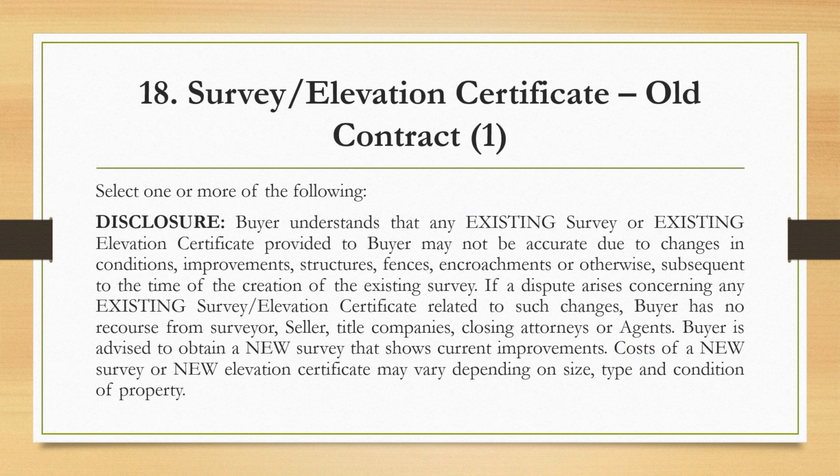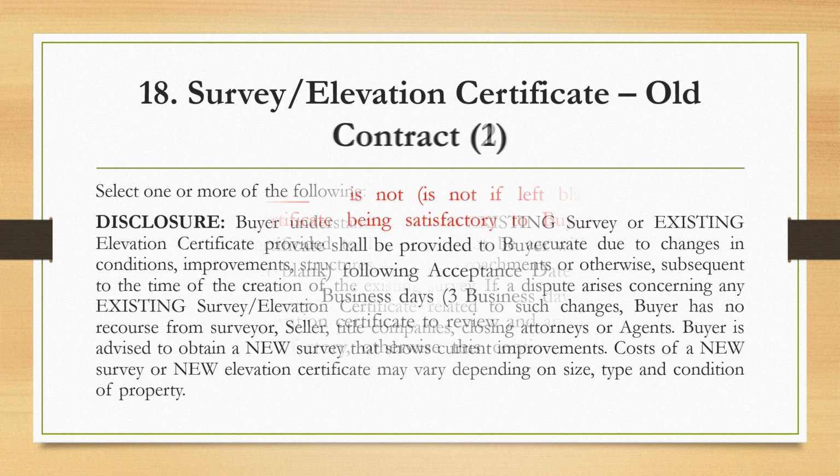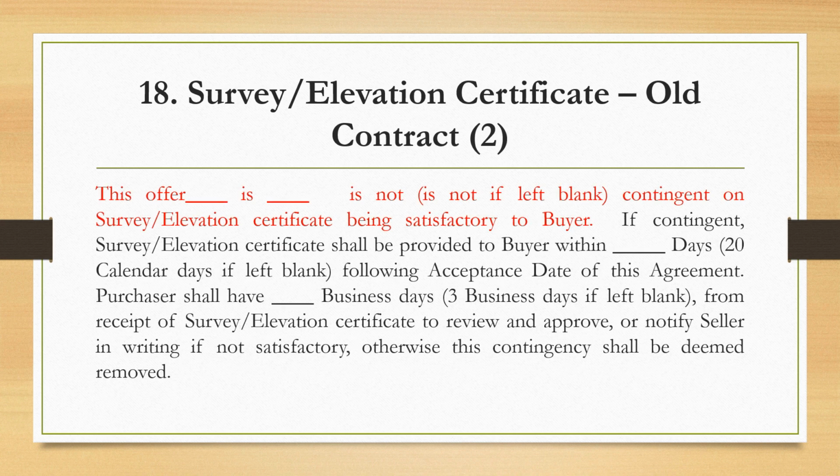Survey and elevation certificate under the old contract. This red sentence has not changed between the old and new contract, but I highlighted it so I can make a point. Both the old and new contracts say this offer is or is not, and it's is not if left blank, contingent on survey or elevation certificate being satisfactory to the buyer.